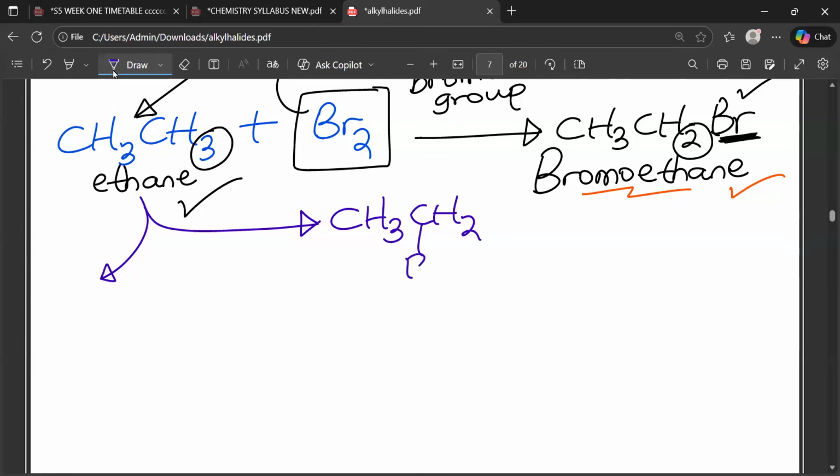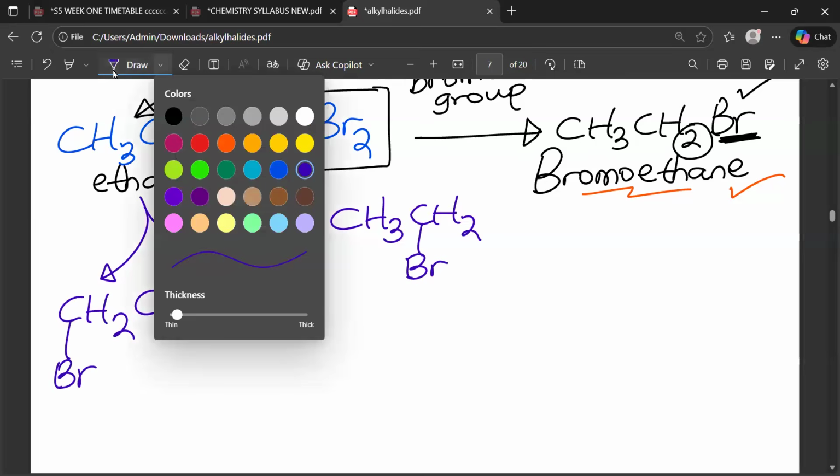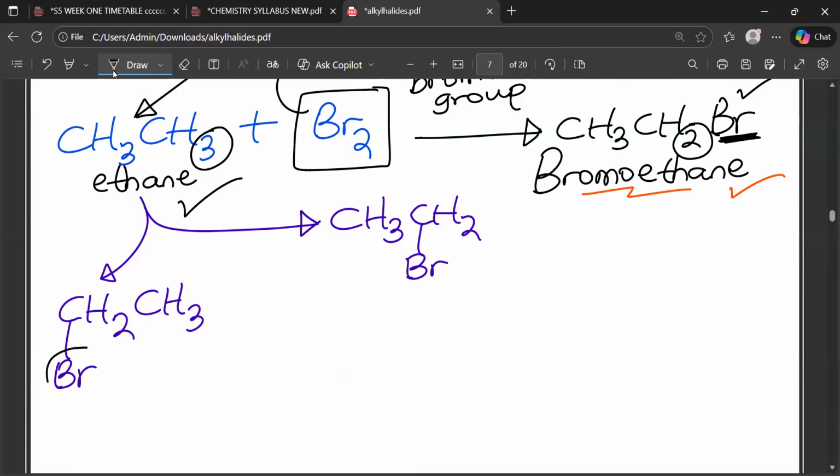Or the Br can touch the first carbon like that, CH2Br, then the other one is left as CH3. You understand? Those are the only two structures we can get. That the Br either touches the first carbon or the last one.